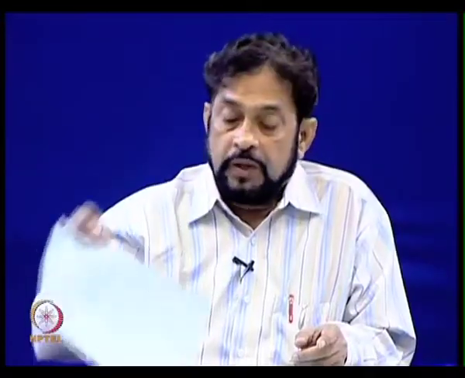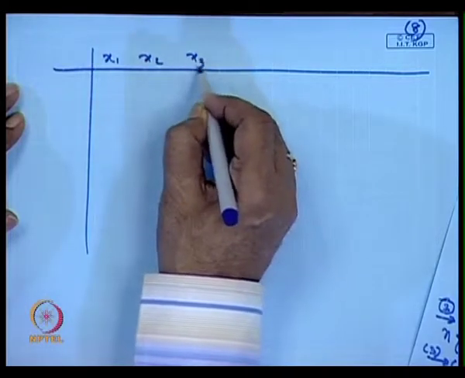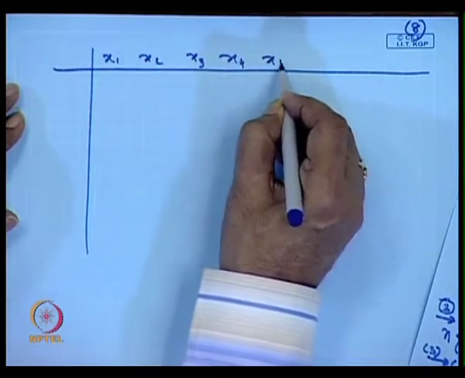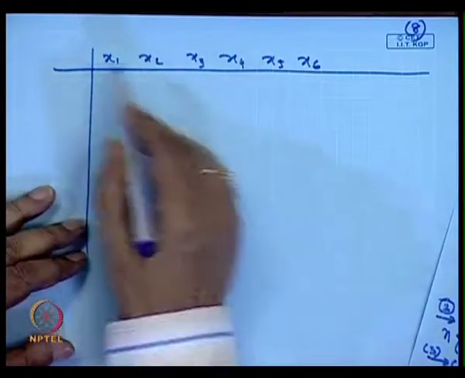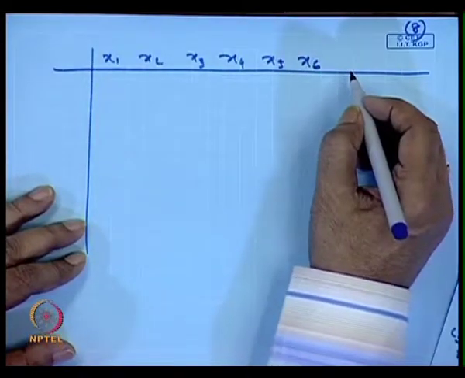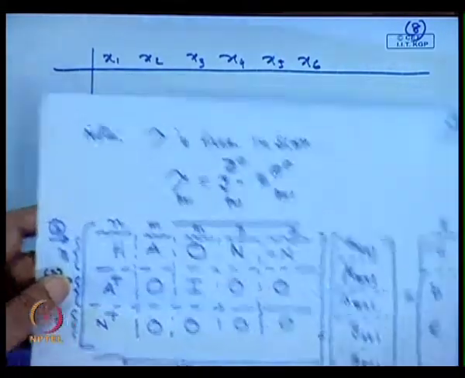If you put the tabular form, I can easily write now x 1, x 2, x 3, x 4, x 5, x 6, agree. Then we have a vector of artificial variables.